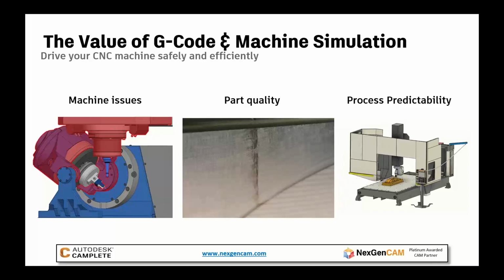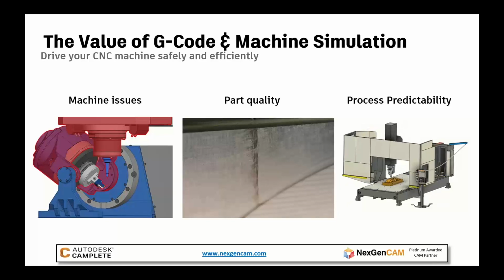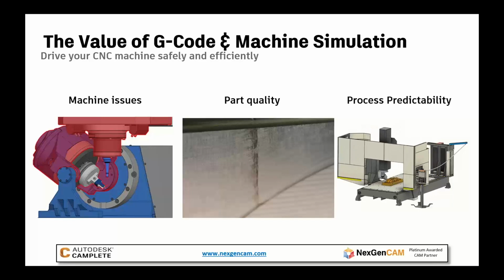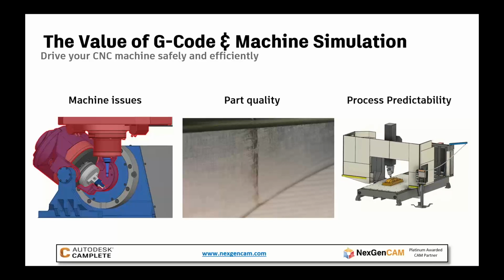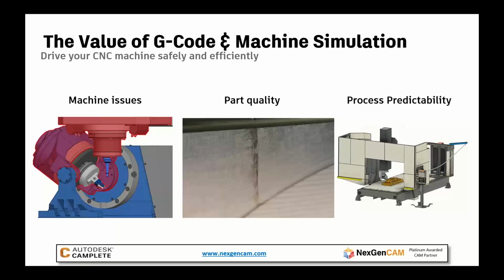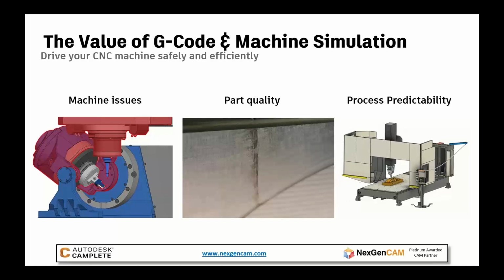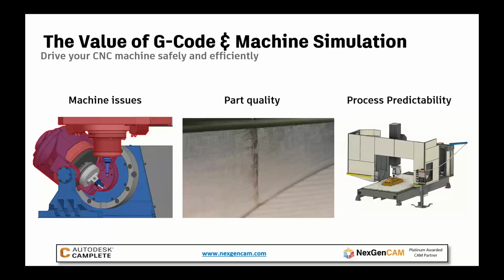But also as a whole, being able to proactively improve your part quality, and have a lot more understanding and predictability into the overall manufacturing process, and ensure that the transition from the virtual to the real world will be as efficient and as close to reality as we can possibly make it.